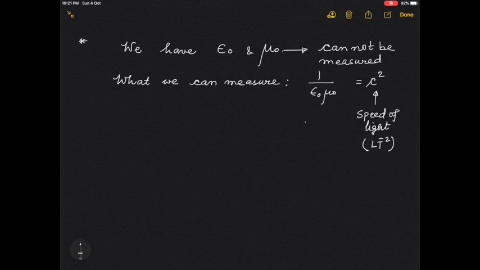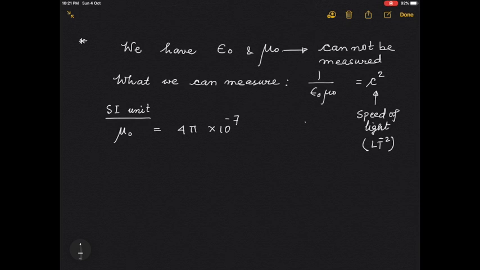And this should not be very surprising, though it sounds so when you hear it for the first time. But think, what is the value of mu 0? Let me write it in SI units. I am not writing farad per meter, etc. The value of mu 0 in SI units is 4 pi into 10 to the minus 7.